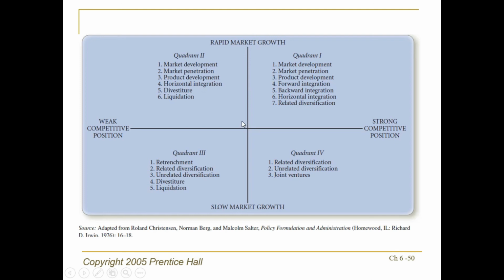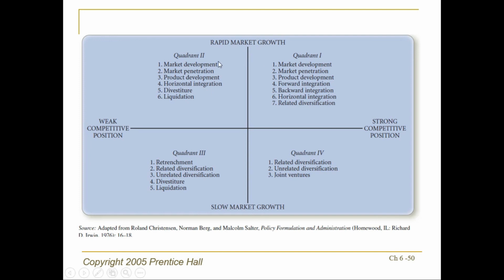And if the market growth is slow, and the revenues and sales are becoming sluggish, then you go for the lower side. So just locate yourself: if the market is growing rapidly and your competitive position is also strong, you can go for the quadrant 1 kind of strategies.